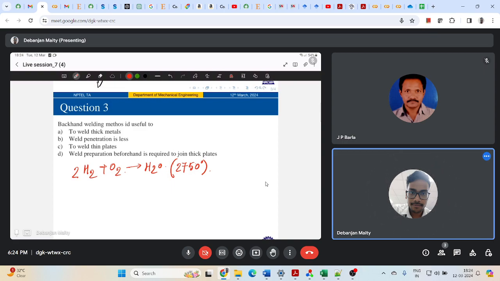So I will mention that this flame is visible and no combustion zones are distinguishable, right?